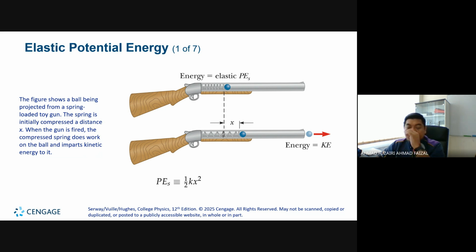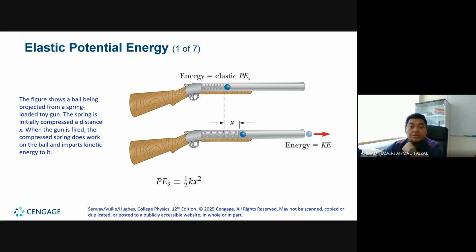As you know, the energy stored in a stretched or compressed spring or some other elastic material is called elastic potential energy.